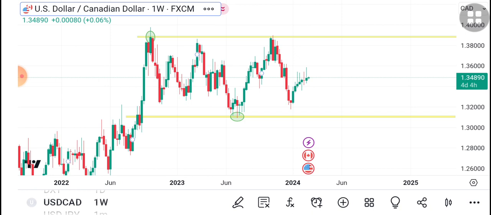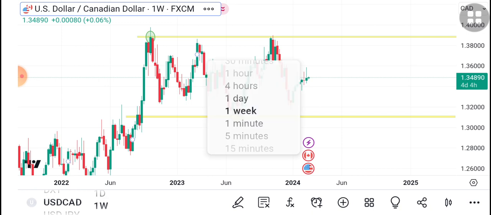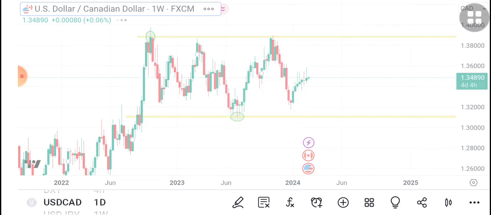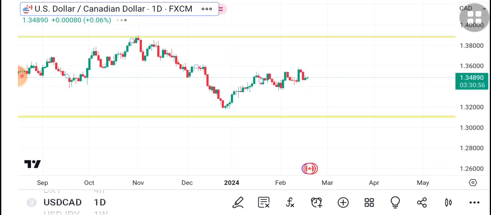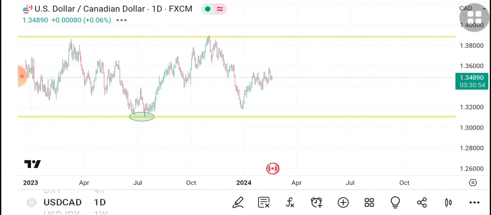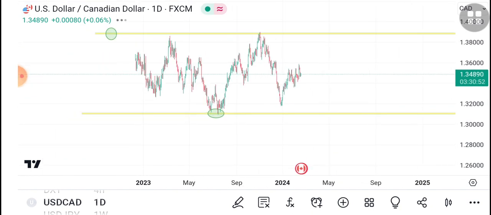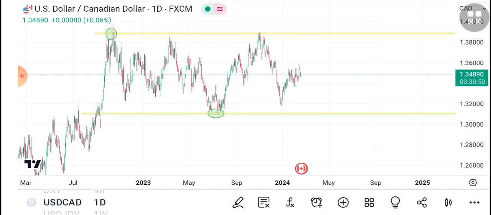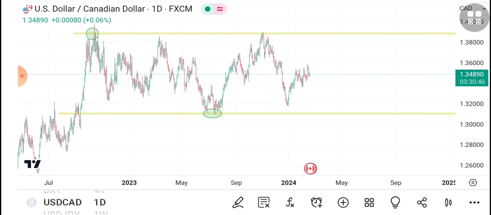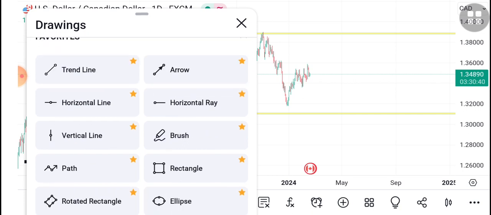Going down, we now go to our daily time frame. This is the Market Heist top-down analysis. On a daily time frame, in every time frame that you add, you first start by checking your most current price.